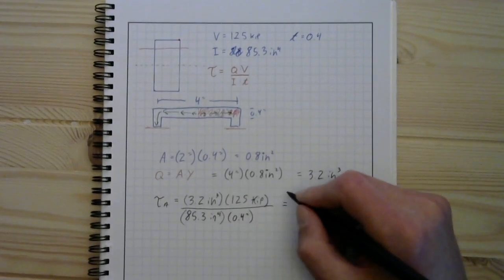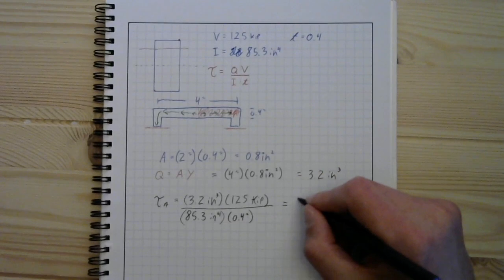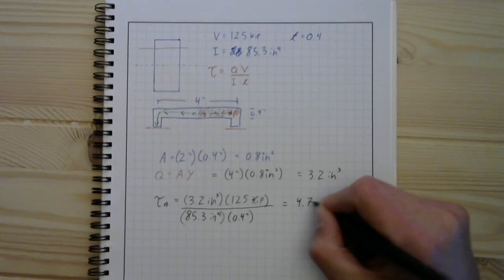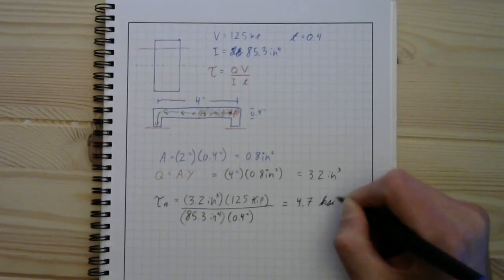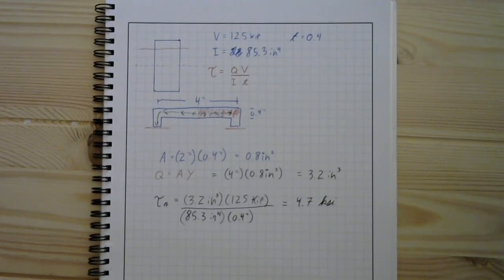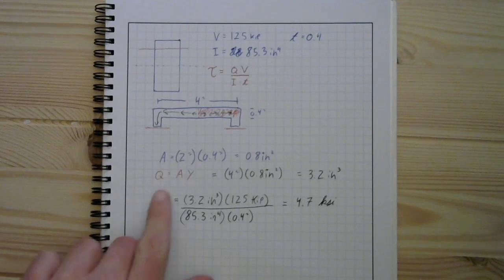And that's going to give us 4.7 KSI. A lot of you on this problem had a lot of trouble identifying Q.